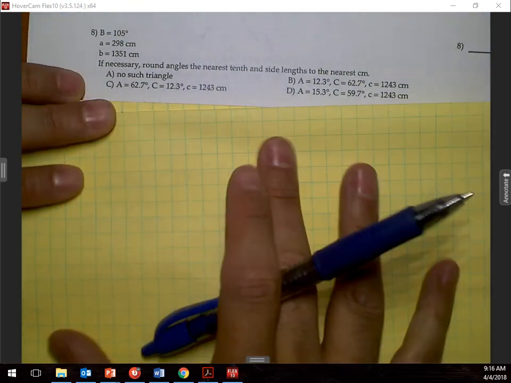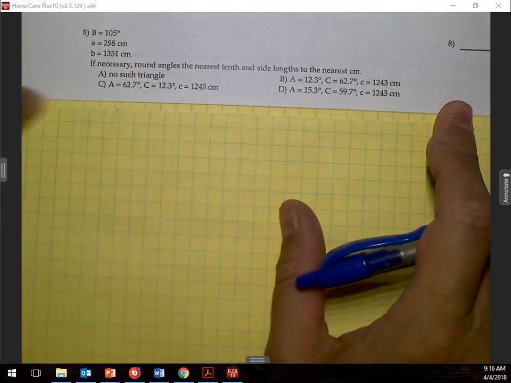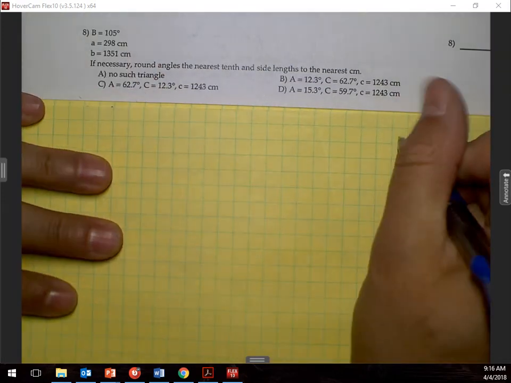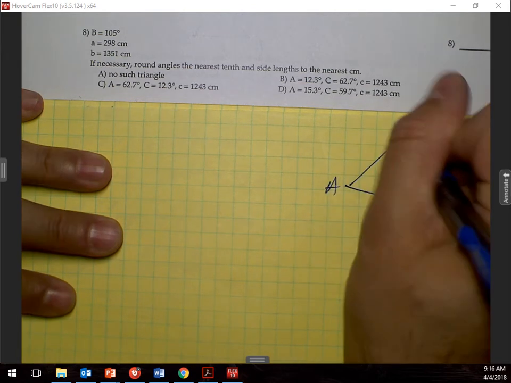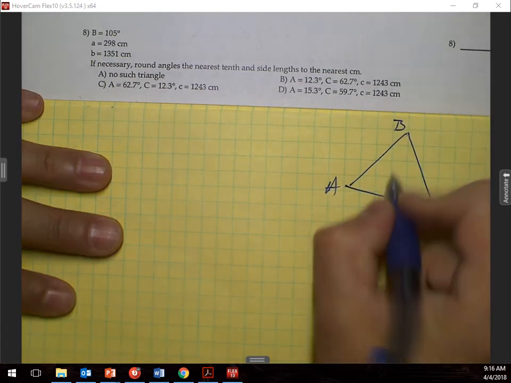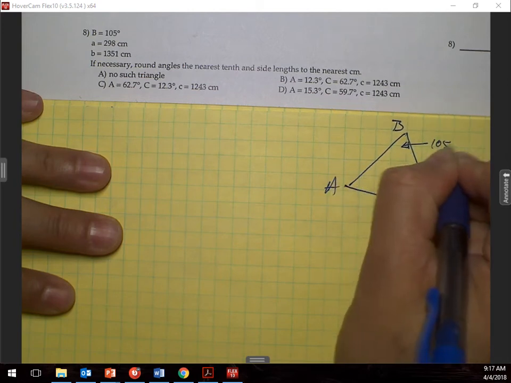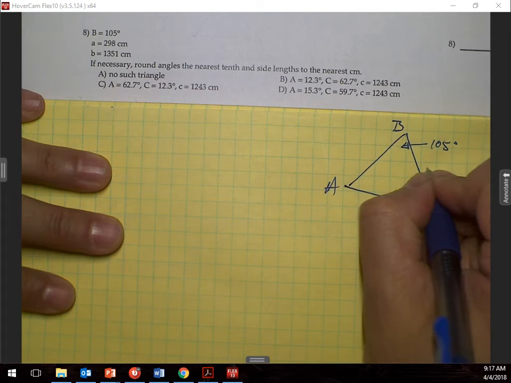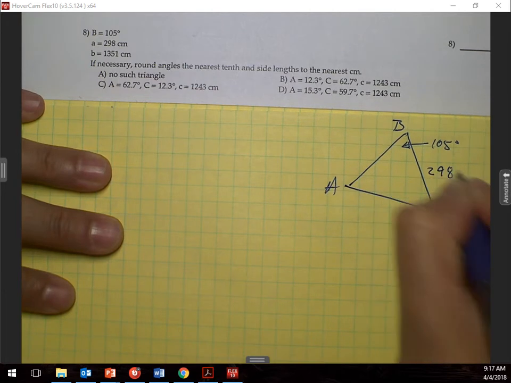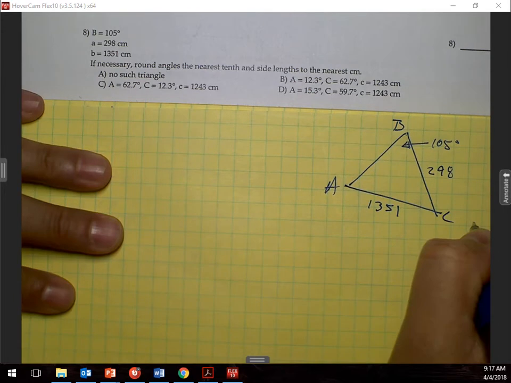Alright. On this one right here, same thing. Draw the triangle. So big B was 105 degrees, little a is 298, little b is 1351.